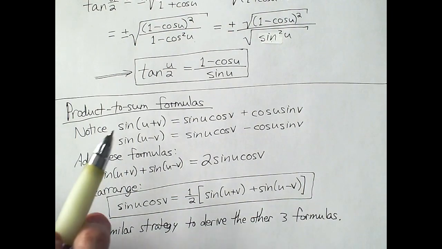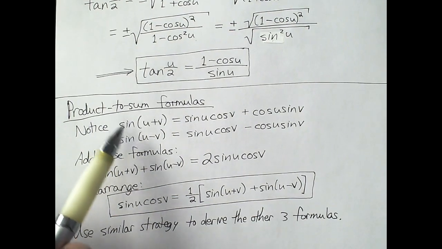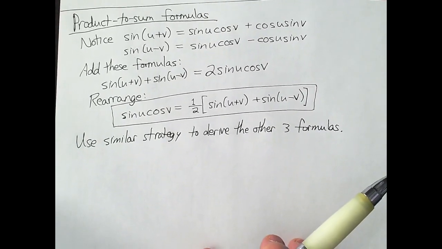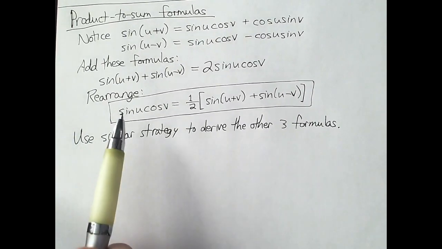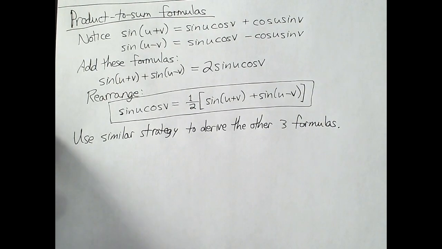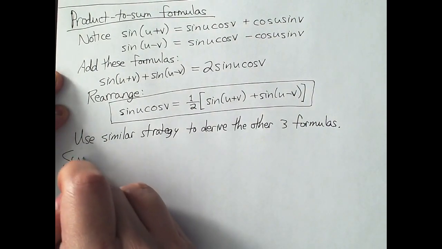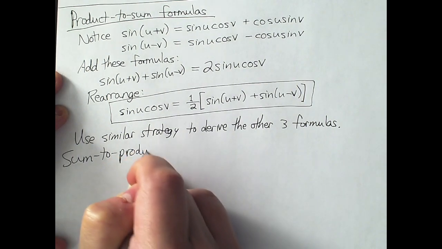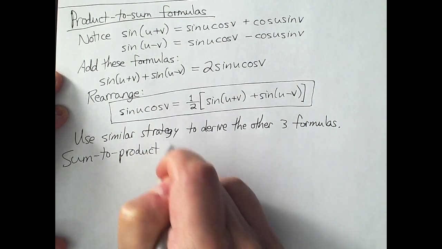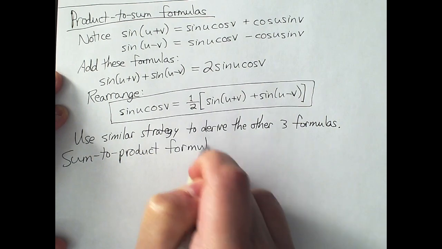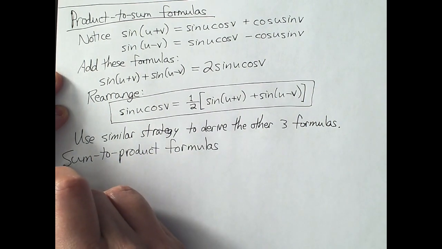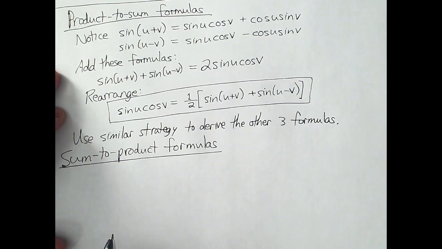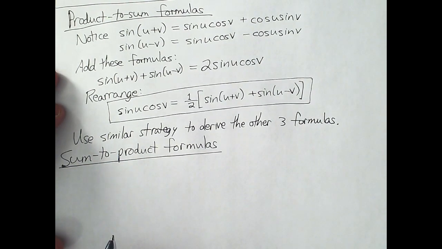And they all come from combining addition or subtraction formulas. Okay, that's cool. Sum to product formulas. Let's talk about those. Because after we do those, we'll have everything on the sheet either derived or at least discussed. And we'll be convinced that everything on the formula sheet is true.